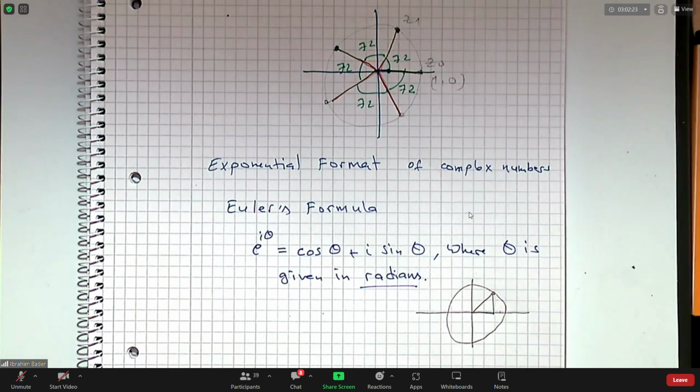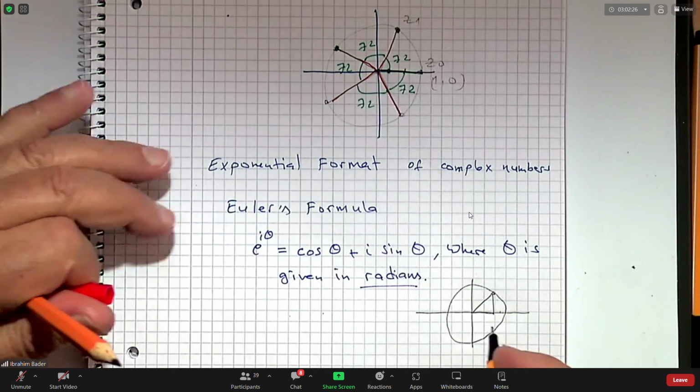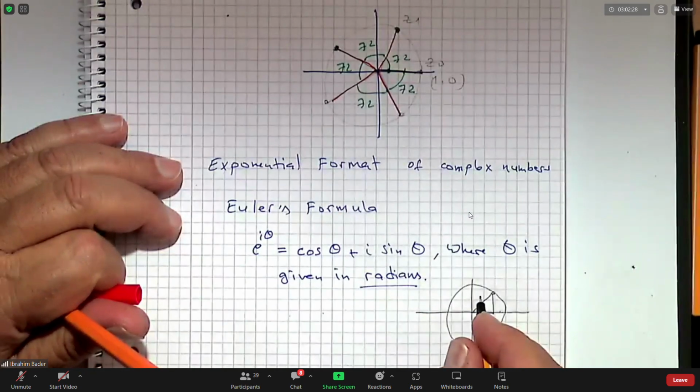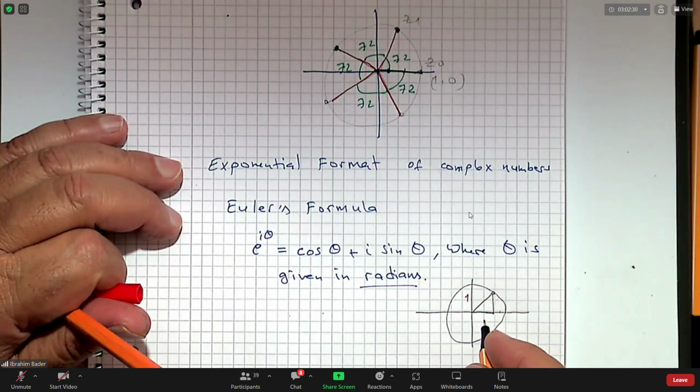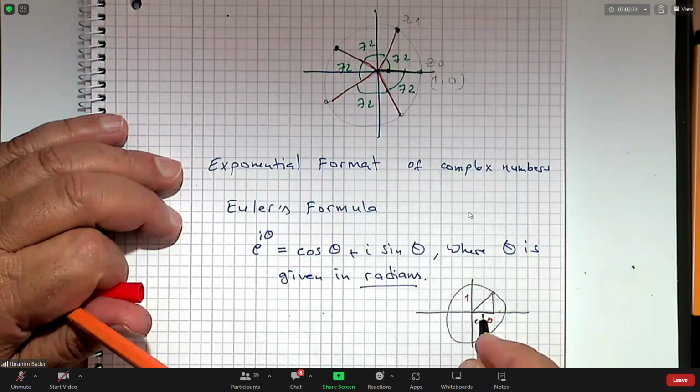Okay, so if this is the unit circle, this is one unit. Here you have cosine theta, this is theta, and this one is sine theta.